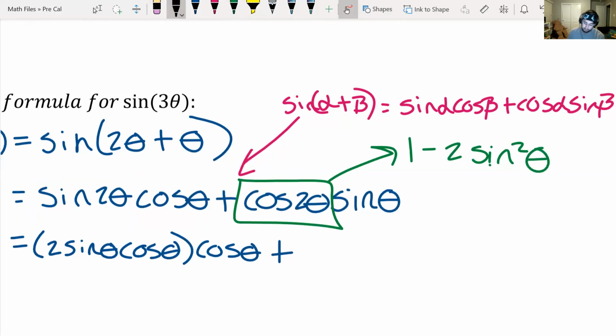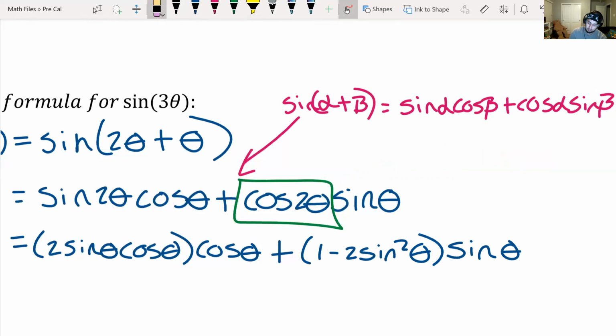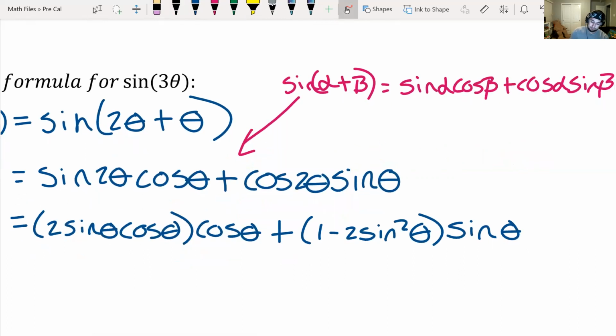So that's what's going to go in here. 1 minus 2 sine squared theta times sine theta. Okay. And now simplify.